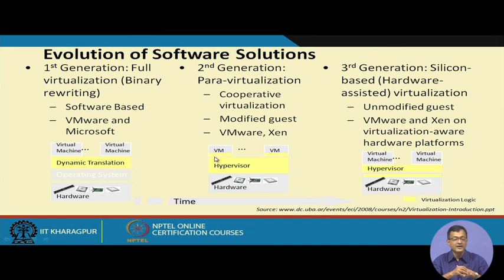In the case of third generation, or what we call silicon based, that is hardware assisted virtualization, the guest is unmodified, with VMware and Xen on a virtualization-aware hardware platform. So now your hardware platform is virtualization aware. In the earlier cases, the hardware platforms are not aware of the virtualization done by your hypervisor.